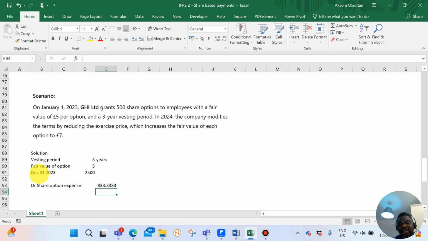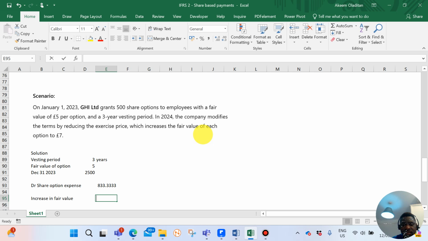So that 833 is the initial amount for the first year. But we cannot do the same for 2024 because the company modifies the terms by reducing the exercise price and increasing the fair value of each option. So what is the increase in fair value?